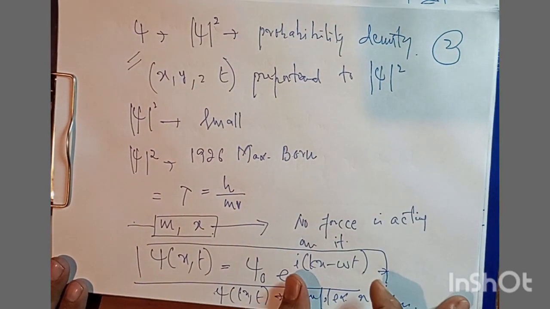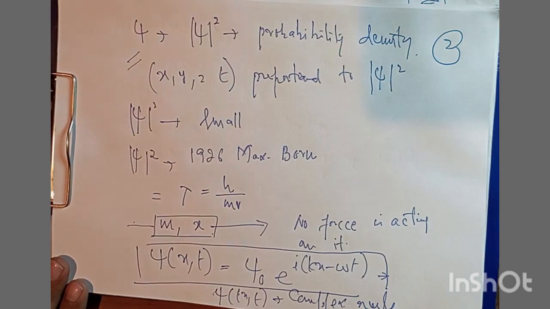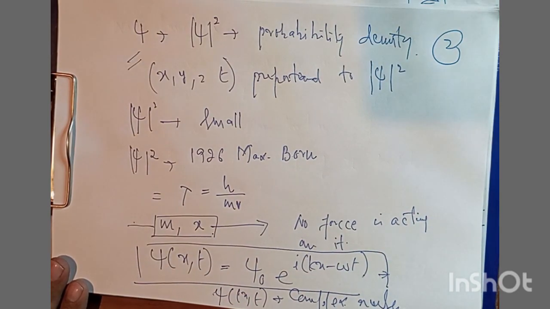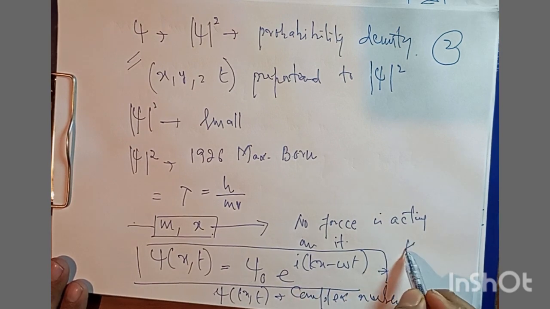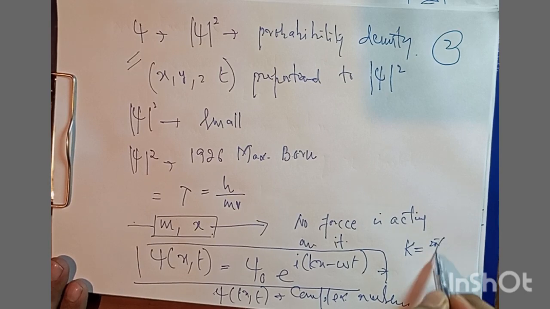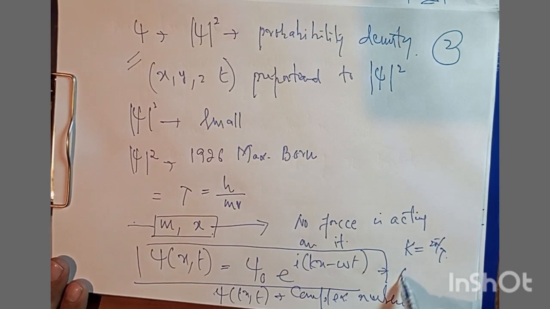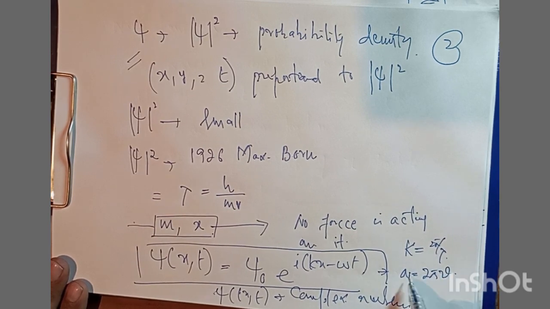So this is how we can write down a particle moving in the x direction with no force acting on it, and we are very aware of the symbols: k is the propagation vector, and it is 2 pi upon lambda, and omega is the angular frequency, and it can be correlated with the linear frequency as 2 pi nu.